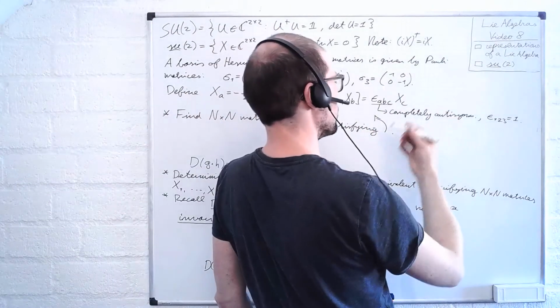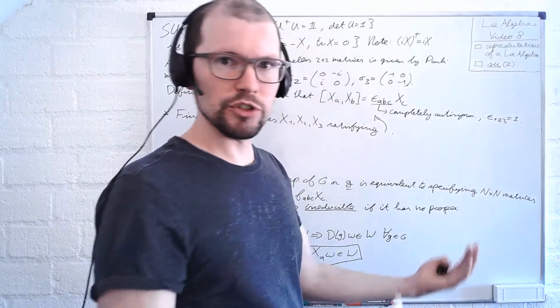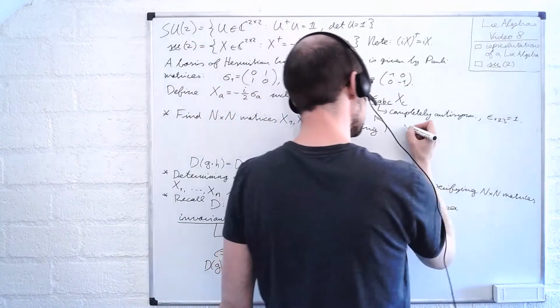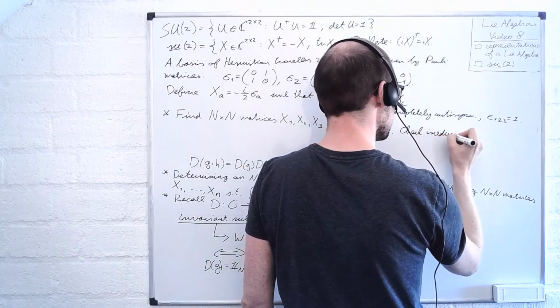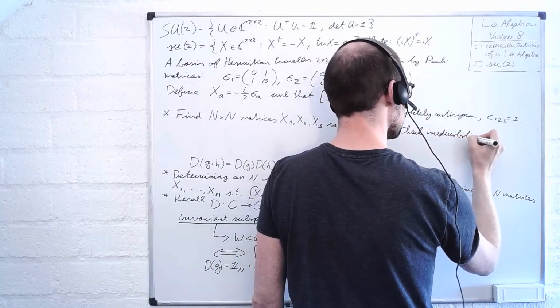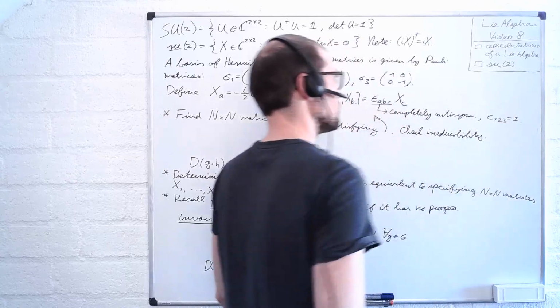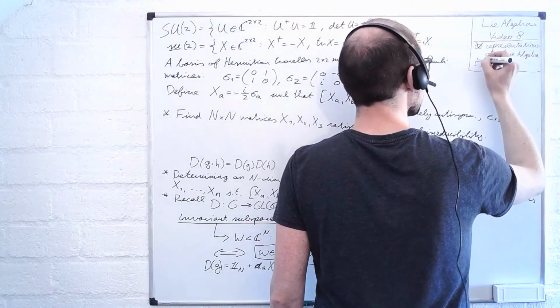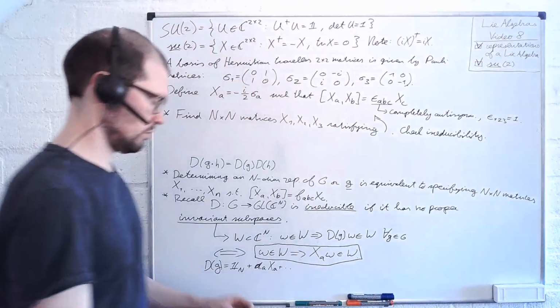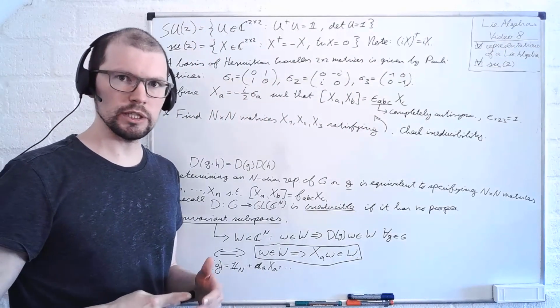And of course we want to then check whether this representation is irreducible or not. So check irreducibility. Okay? So that we will do in the next video.